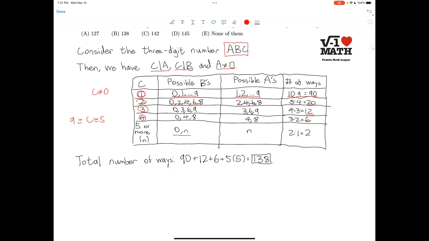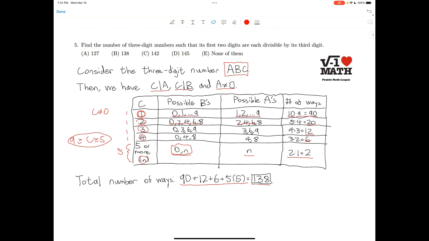So we have 0 or n for B, and just n for A, and that gives us two possible ways. And we have 9 to 5 inclusive, so this gives us 5 values in this case, and 1 value for each of the other cases. So now we just add them up to get the answer of 138, which is B.